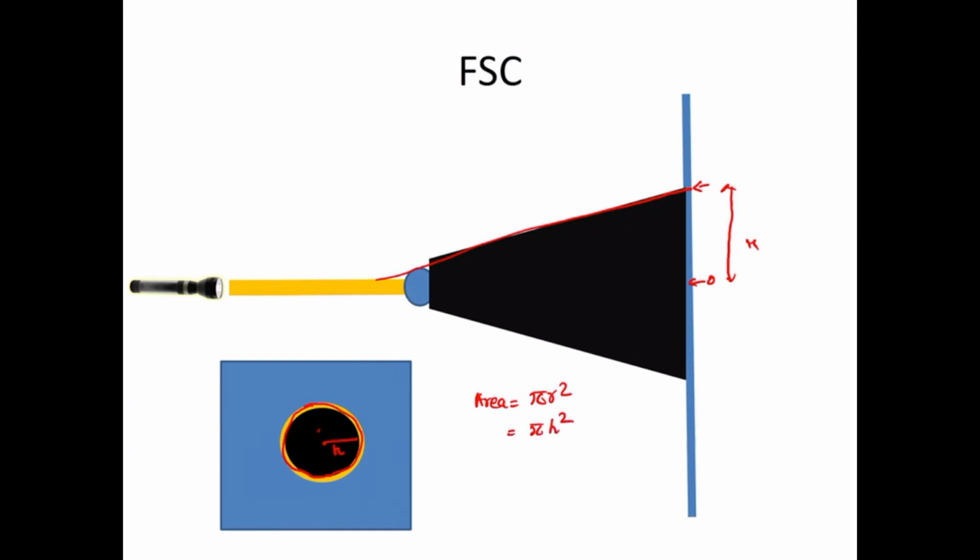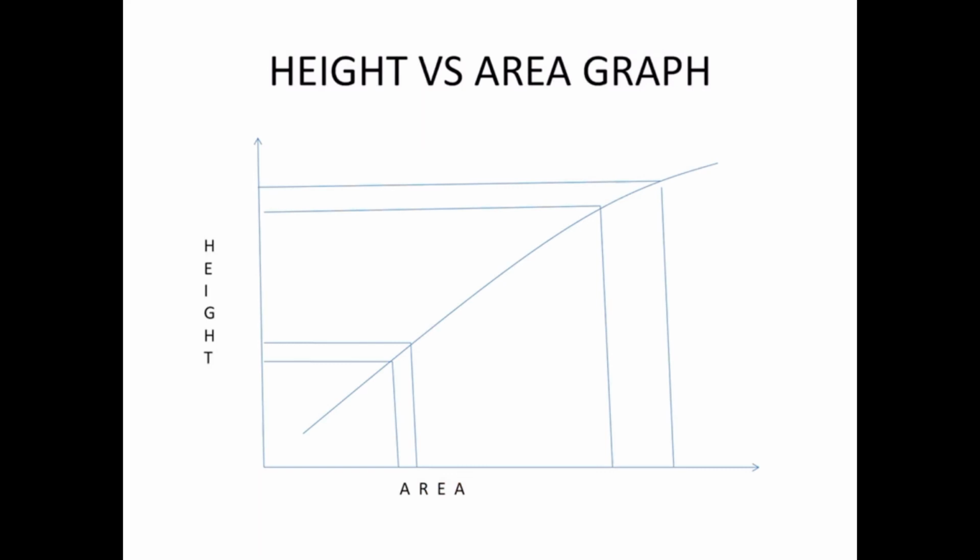So area and height are correlated to each other by this formula, where area is going to be proportional to the square of the height. Now let's plot this area and height along an xy graph, where area is taken on the x-axis and height is taken on the y-axis.